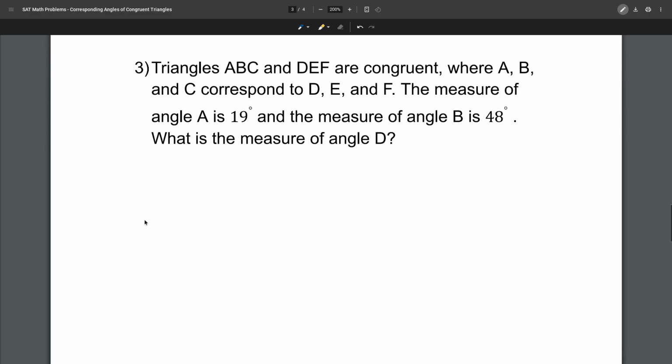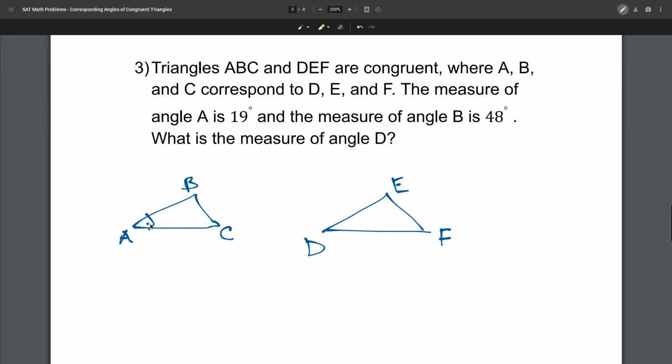Triangles ABC and DEF are congruent. A, B, and C correspond to D, E, and F. The measure of angle A is 19 degrees.